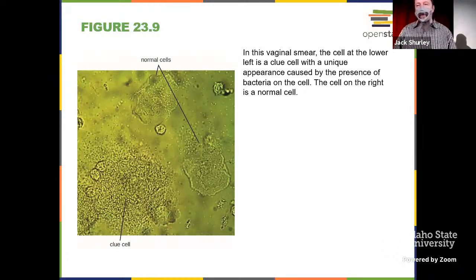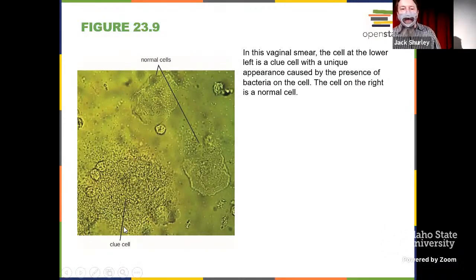This would be something collected in a Pap smear. That's what we're really looking at under the microscope, trying to evaluate what sorts of cells we are really seeing, all right? So in this smear, we've got a couple, pointing right here, normal cells. These would be normal epithelial cells.